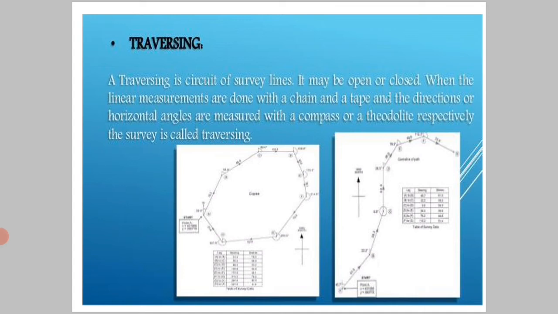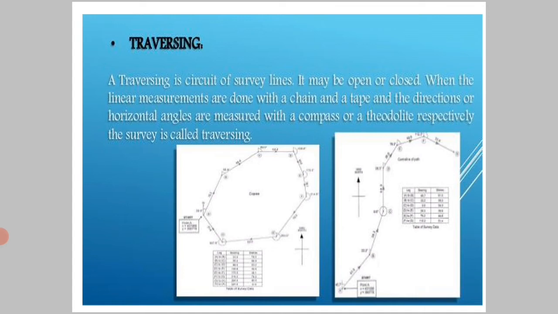When the linear measurements are done with chain and tape, and the direction or horizontal angles are measured with the help of a compass or theodolite respectively, the survey is called traversing. See, what is traversing?